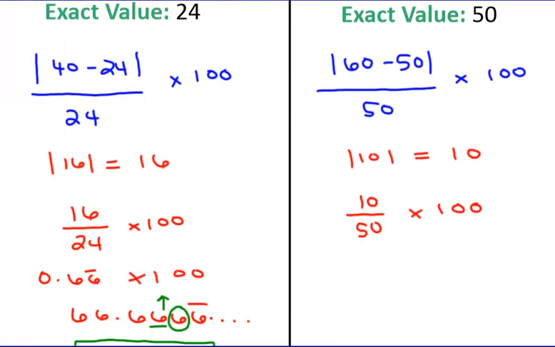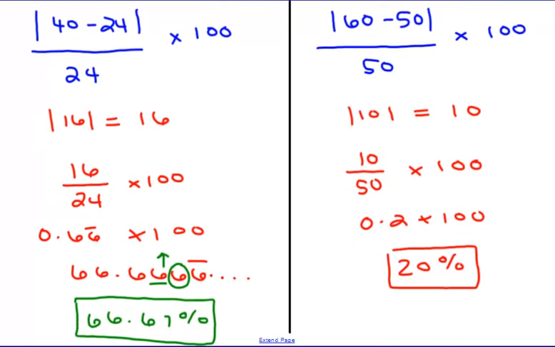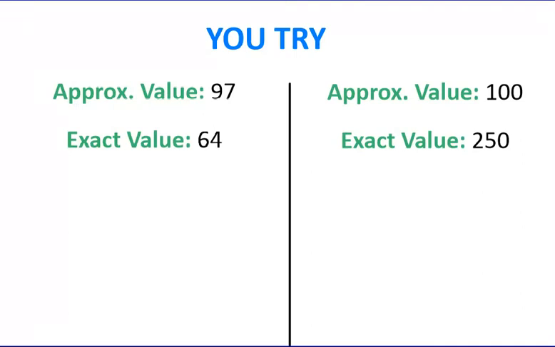So when you do 10 divided by 50, you're going to get 0.2 times 100. So no need to round on this one. And so that's going to give you a percent error of 20%. Now, that one compared to the first one is a lot less. So we were closer to our exact value in this particular answer. All right, go ahead and try these two on your own.